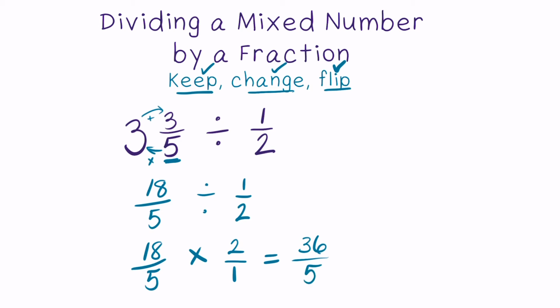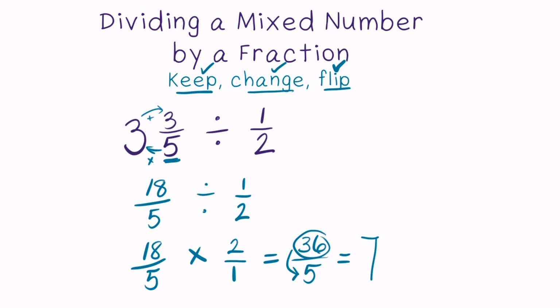You'll probably notice that our answer here is an improper fraction, or a fraction greater than 1. So let's go ahead and simplify 36/5 into a mixed or whole number. Starting with our numerator of 36 and dividing it by our denominator of 5. 36 divided by 5, well, the closest whole number it comes to is 7. 5 times 7 equals 35.